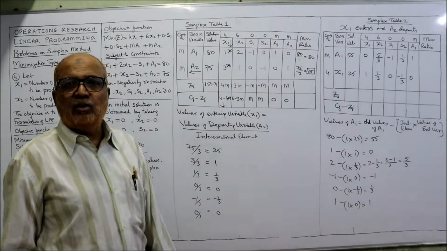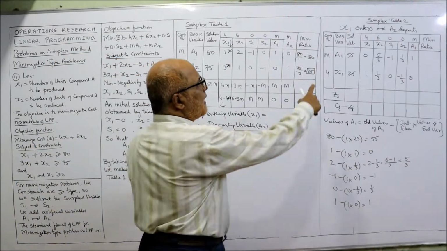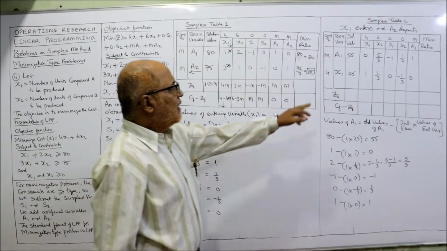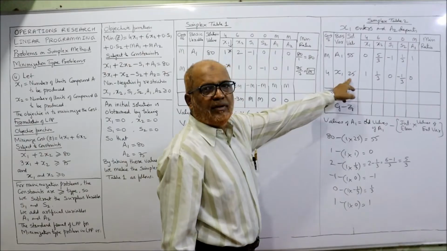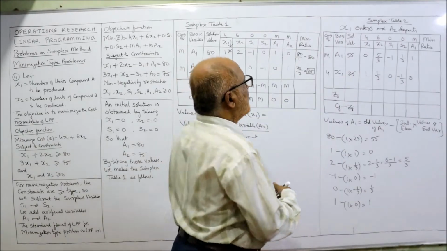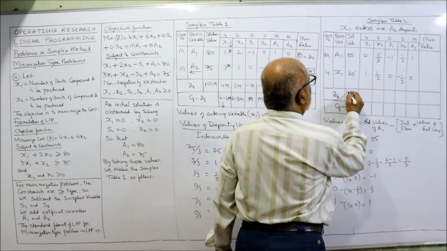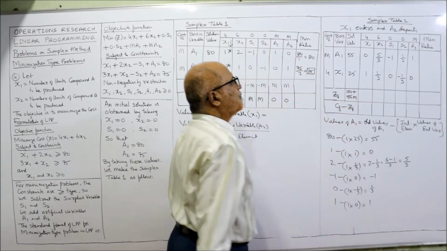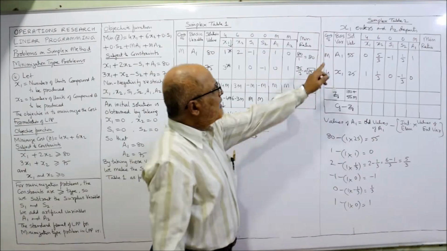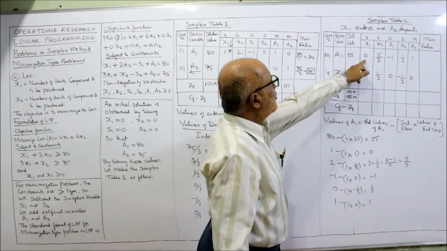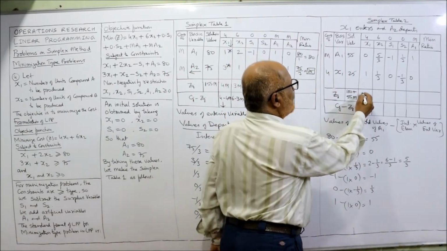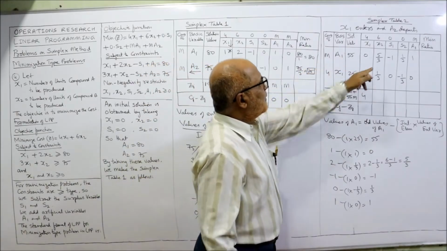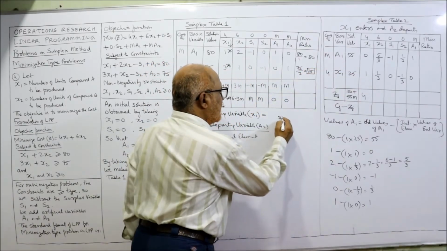Now we need the values of Zj. M into 55 is 55m. 4 into 25 is 100. So we can write down 100 plus 55m. Similarly, M into 0 is 0. 4 into 1 is 4. That's all. Now next one. M into 5 by 3 is 5m by 3.